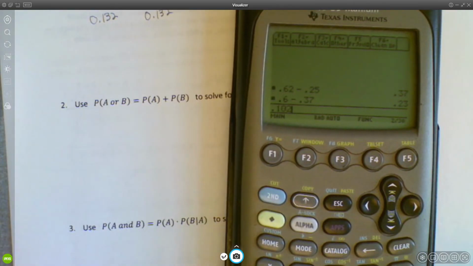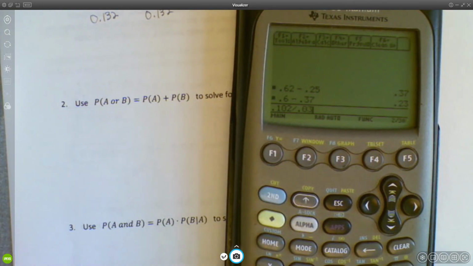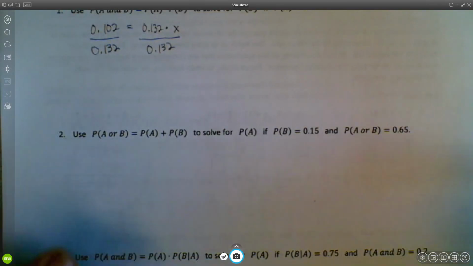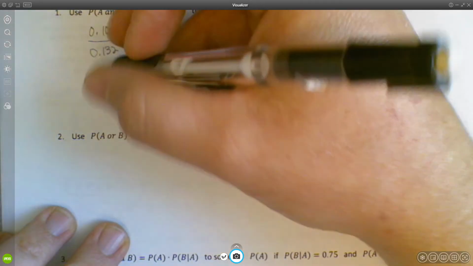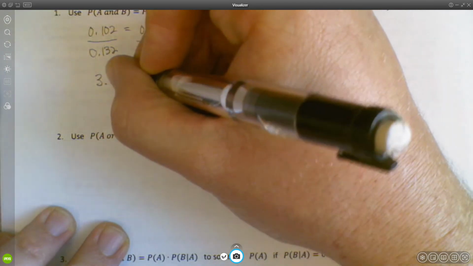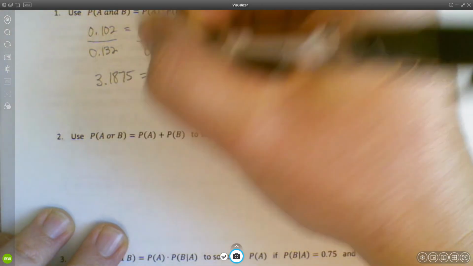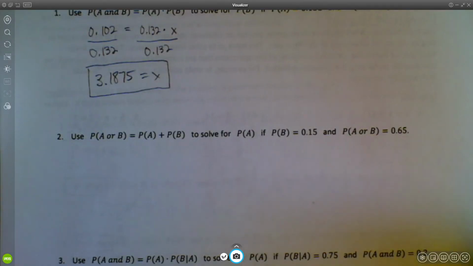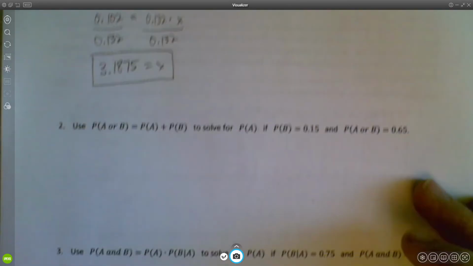So 0.102 divided by 0.132 is 3.1875. So I'm going to say 3.1875 equals X, and I'm done. Okay, so that's number 1.